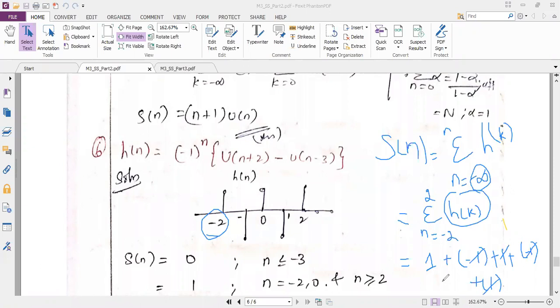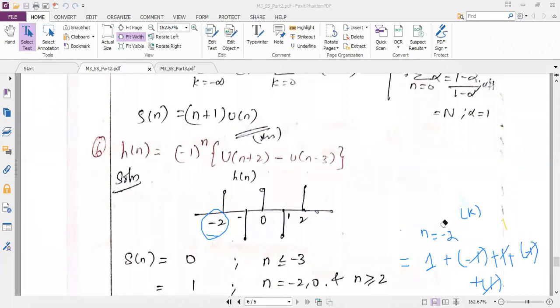Is it clear? Have you all completed? Is Ambika finished? Yes, ma'am. So I hope you all understood how you are getting the answer as 1.